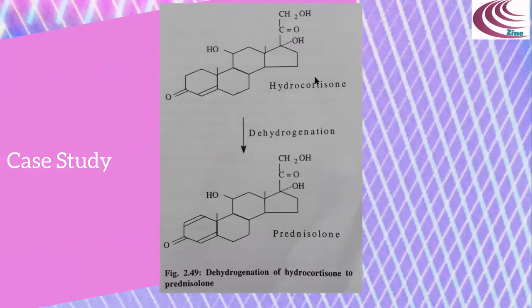There is a difference of only one double bond in their structures, as you are observing in this structure. So one double bond gets added over here after dehydrogenation of hydrocortisone. There is a difference of only one double bond in their structures.